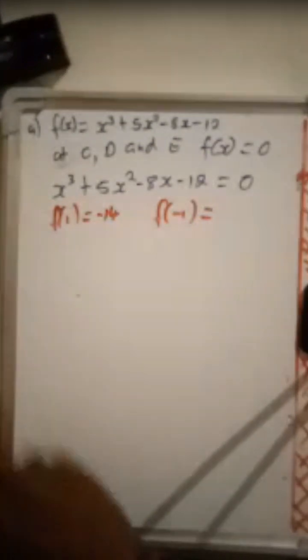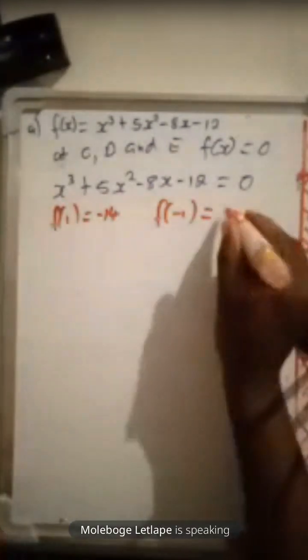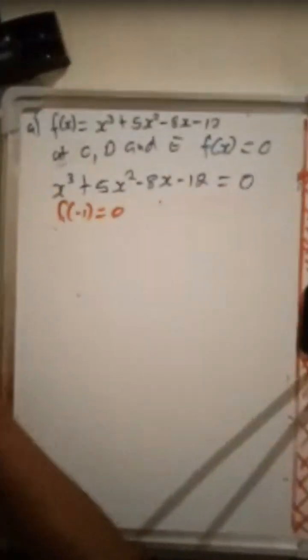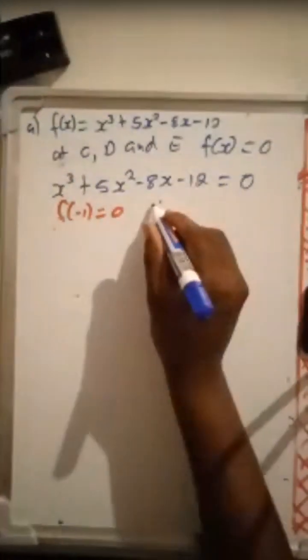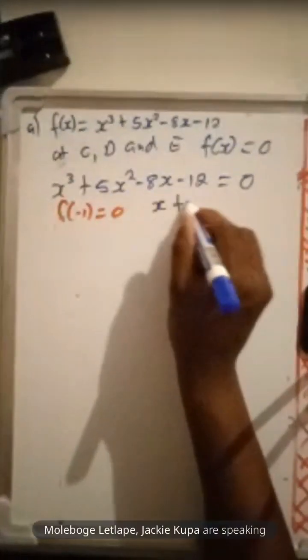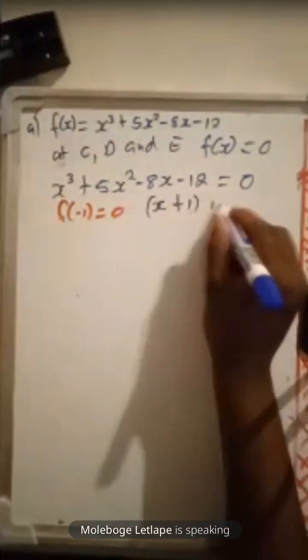I get 0. So this one passes, this one doesn't pass. So we can safely write f of negative 1 is equal to 0. So what is the factor there? The factor is x plus 1. X plus 1 is a factor.